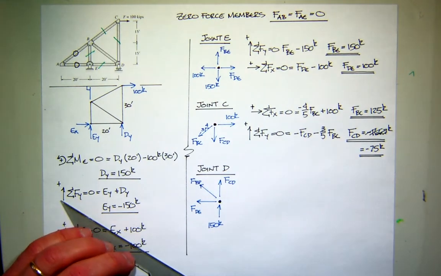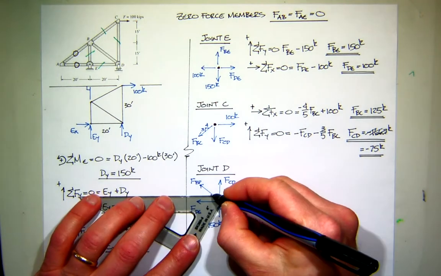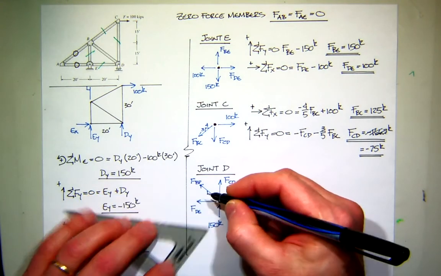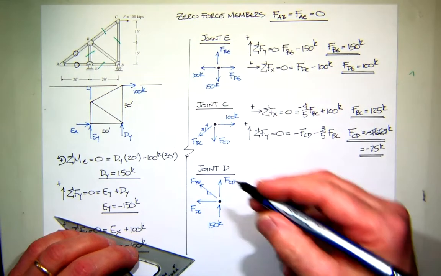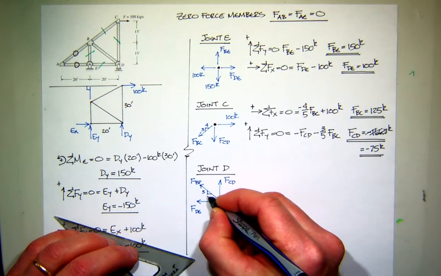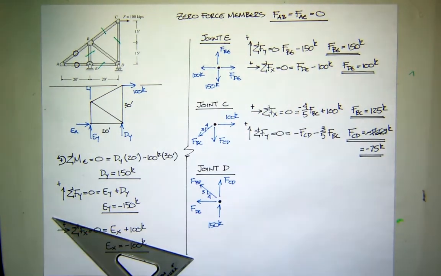And what's the slope of that guy? Rise over run. Well, it looks like it rises 15 for a run of 20, so that should be 3 to 4, so we got a 3, 4, 5 again.